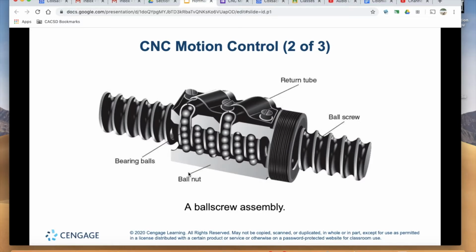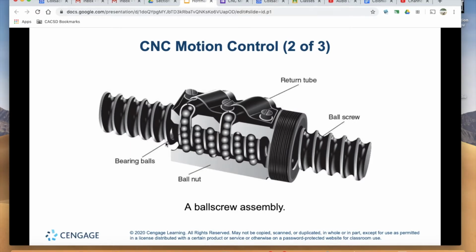Here's an example of a ball screw assembly. First you have the actual ball screw itself, very much like a threaded bolt or threaded rod, but instead of that V shape, we have a concave, nicely curved shape to the screw thread. Inside of this ball nut, we have ball bearings, and as the ball screw rotates, the ball nut moves very precisely across it.